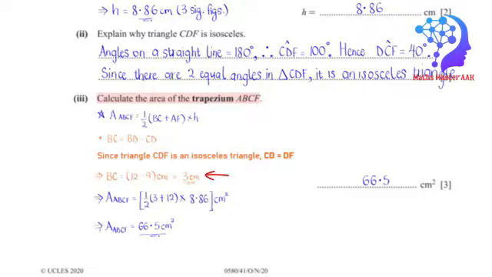Since triangle CDF is an isosceles triangle, the lengths of CD and DF are equal, and so CD is 9 centimeters. We have 12 minus 9 centimeters giving us 3 centimeters. When we slot in all these values into our equation, we get the area of the trapezium as 66.5 centimeters squared.